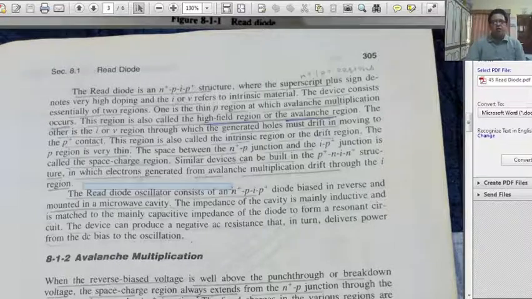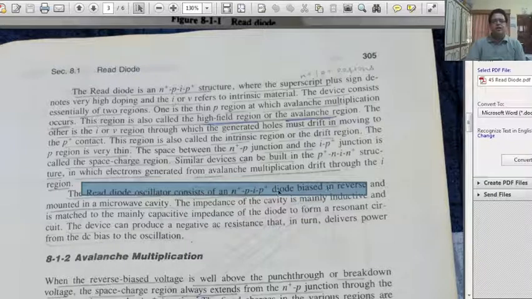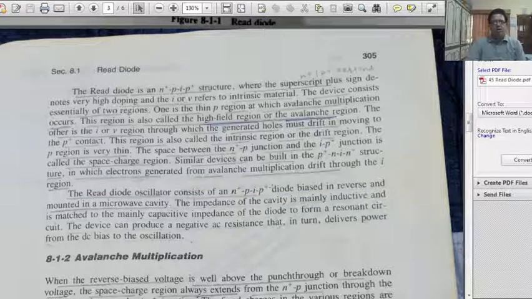The Read diode oscillator consists of this structure, and its biasing is reverse bias, and it is mounted in a microwave cavity.